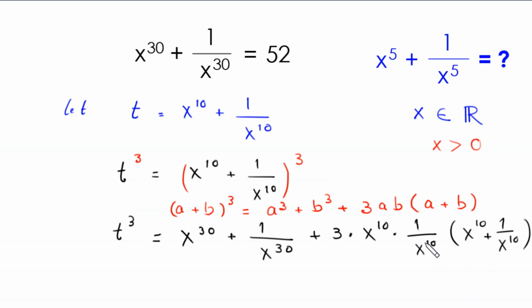Now this x to the power 10 will be cancelled out with this x to the power 10, and we replace x to the power 10 plus 1 over x to the power 10 with this value t, and x to the power 30 plus 1 over x to the power 30 with 52. So this will become t cubed is equal to 52 plus 3 times t.